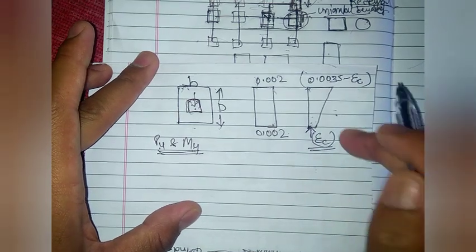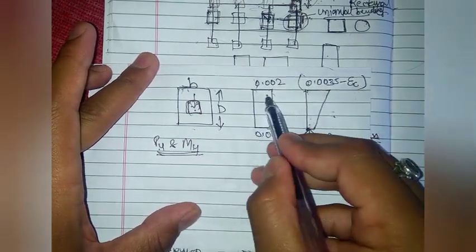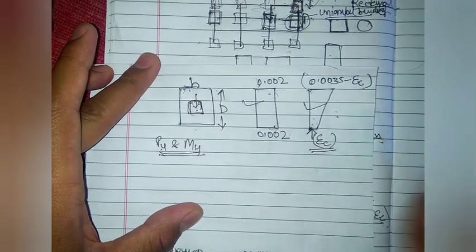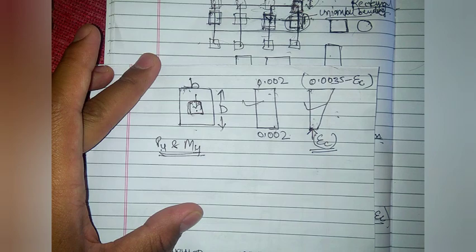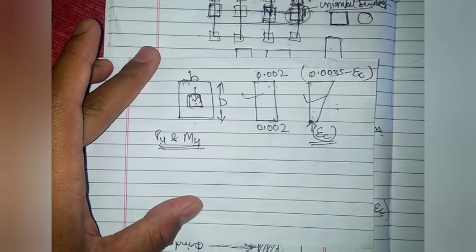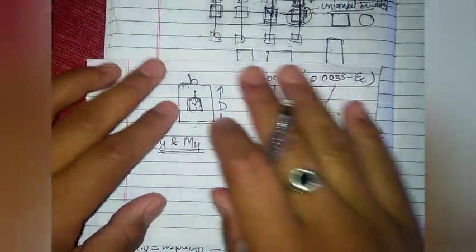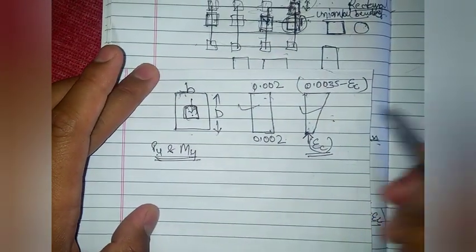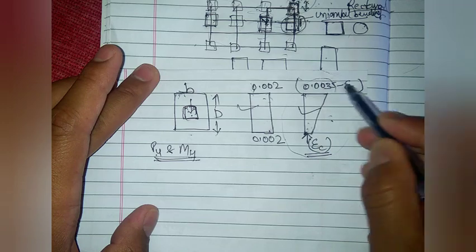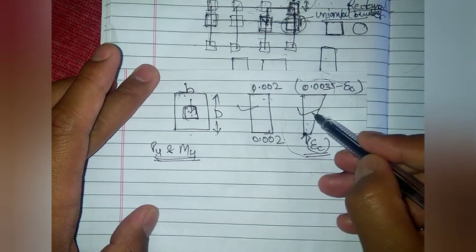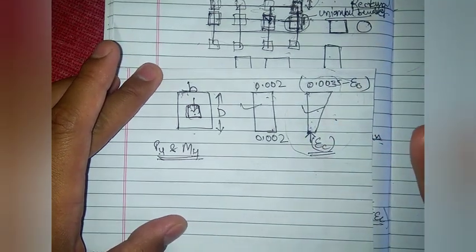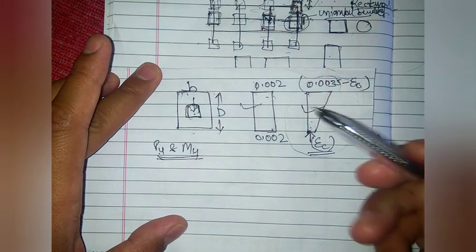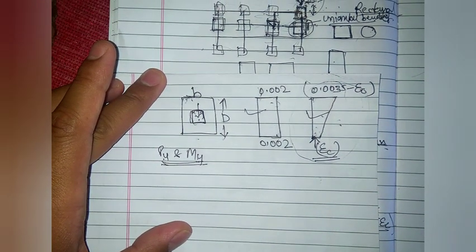This is the case where no bending is there in the column section, and this is the case where bending is occurring in the column section. So we need to study in detail how we are going to calculate this strain and what section we need to design for the column for these strain values.